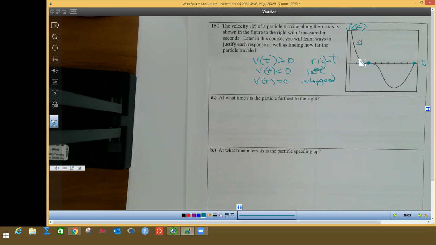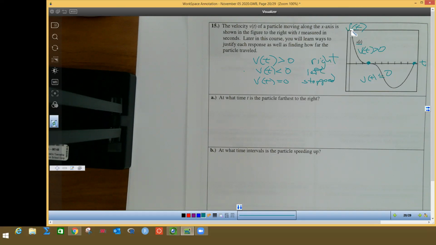Now, what's velocity if it's above the x-axis? Up here it's positive, right? Aren't these v of t values positive? So up here, v of t is greater than 0, but down underneath, aren't these negative values for v of t? So at what time is the particle farthest to the right?